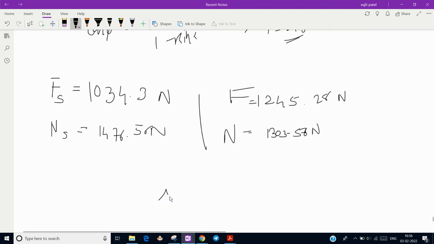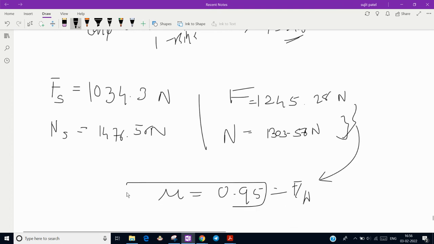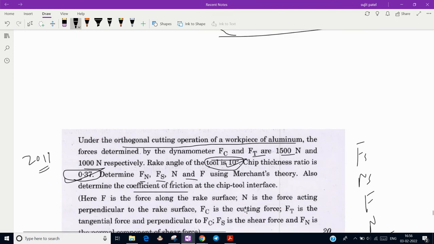So these are all four values, and if you want to find mu, that is the ratio of F by N from these two values. Put over here, you will get mu is equal to 0.95. So this is the answer, all that they required.